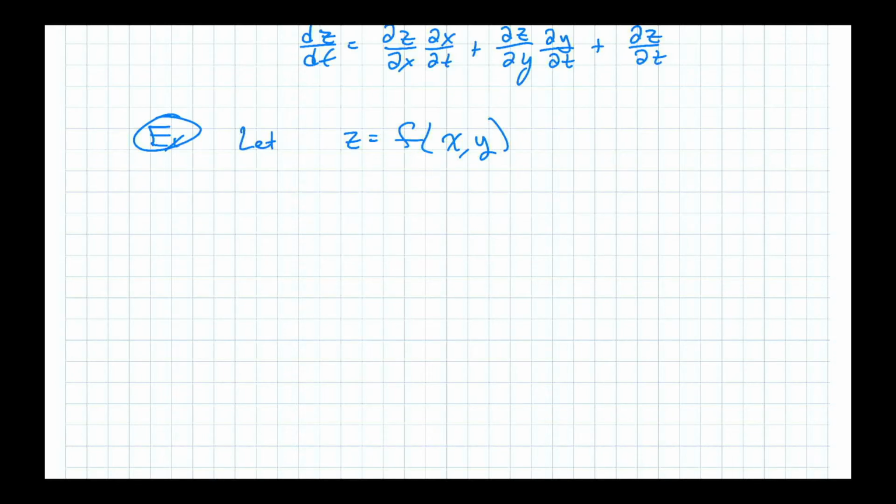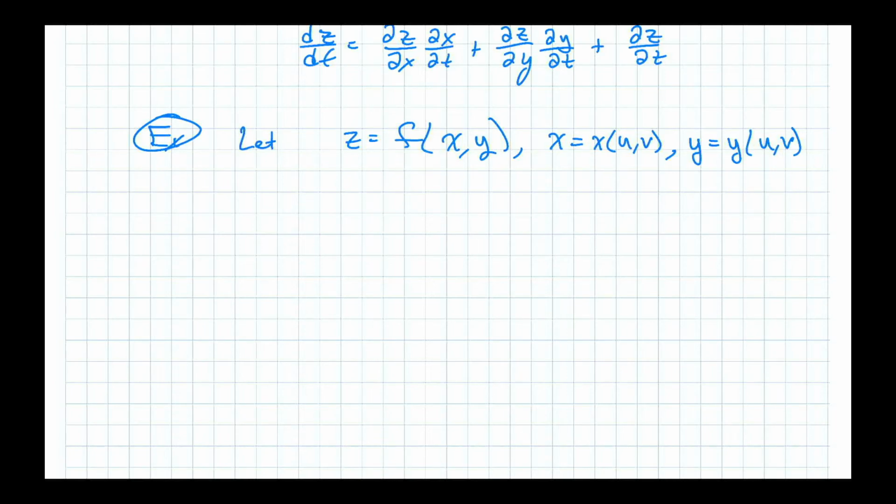We're going to do x is actually going to be a function of u and v, and y is also going to be a function of u and v. And in this case, because there's two variables here, this is actually going to be a chain rule when there's two independent variables. That's a new thing.